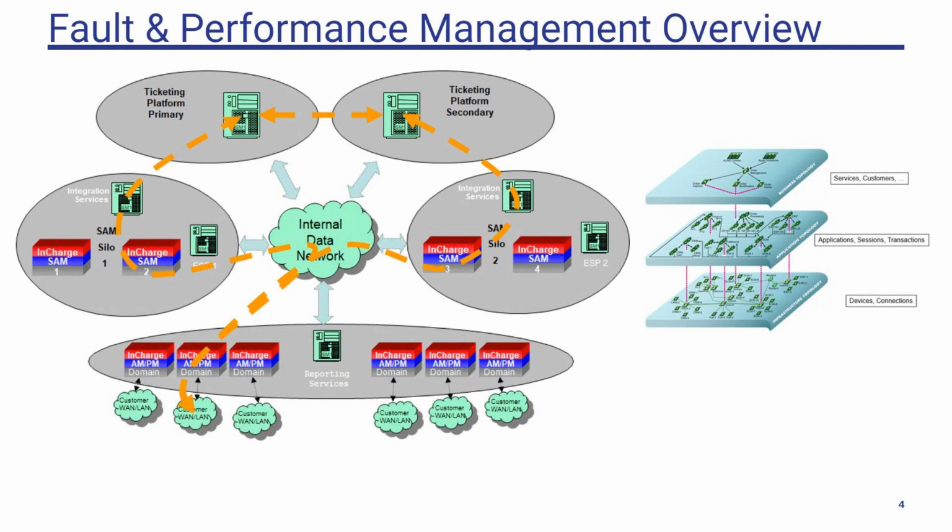What you see are the customer networks or customer subnets that we are approaching. The yellow dots that you see connect the data, or the data flow, we can say. The internal network, like reporting services and the in charge AMPM domain, is the layer where you have your service assurance managers, or service assurance space domain managers, which talk directly to the network.